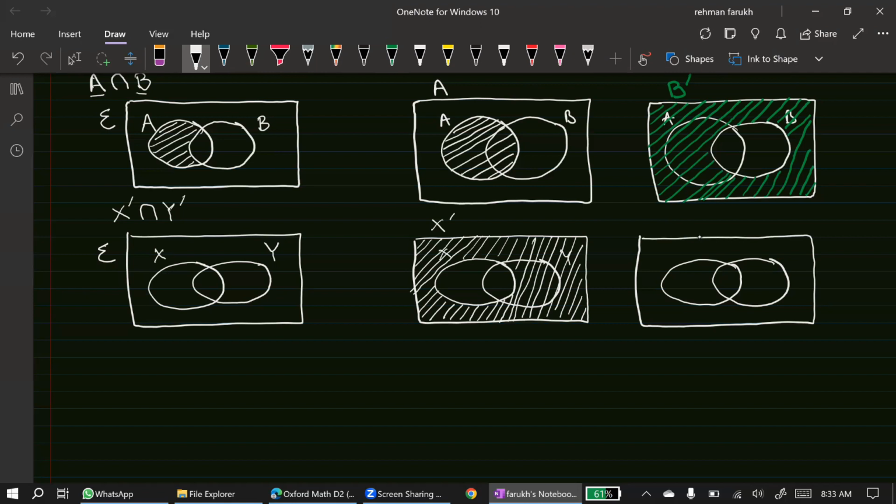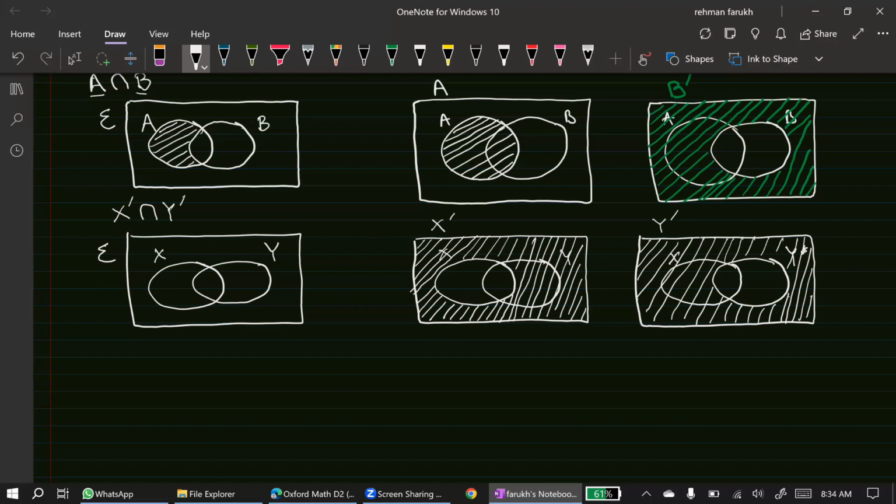This one is X dash, X complement. Now we will draw Y complement, that is the portion which is not in Y. This one is the portion not in Y. Now, which portion is common to both the diagrams?